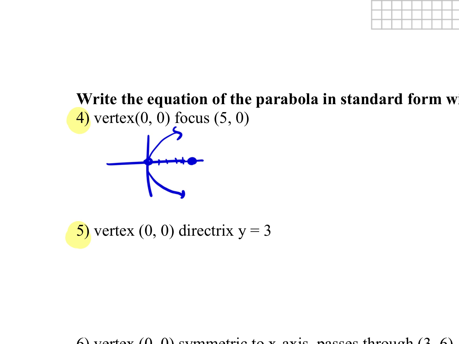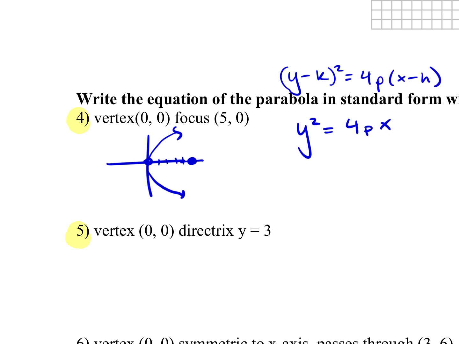Since our parabola opens to the right, is it x squared or y squared? Y squared. So y squared equals 4p times x. We're not adding anything to our x and y here because our vertex is just 0, 0. If we were, it'd be y minus k squared equals 4p times x minus h.